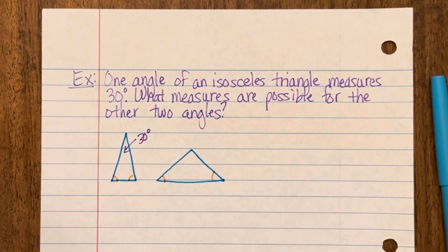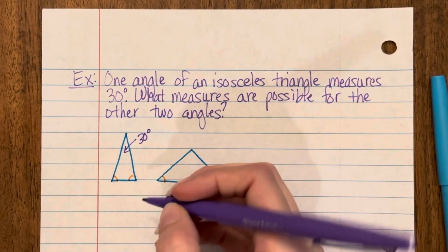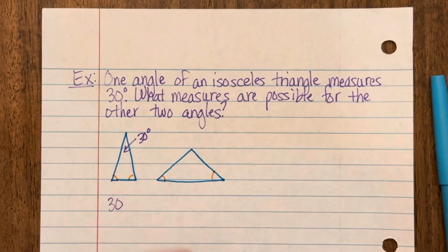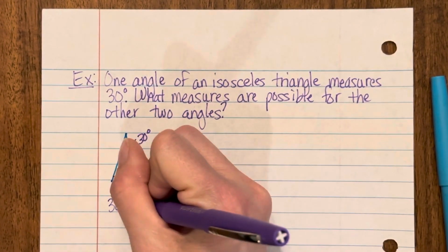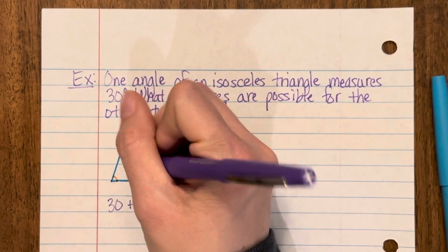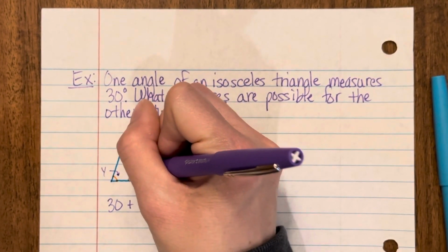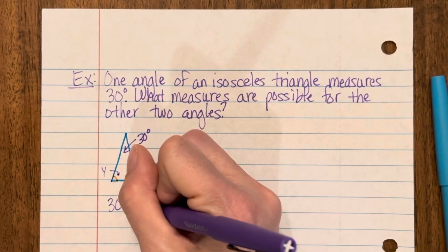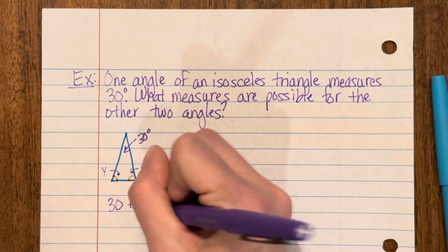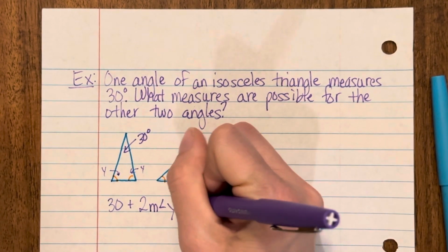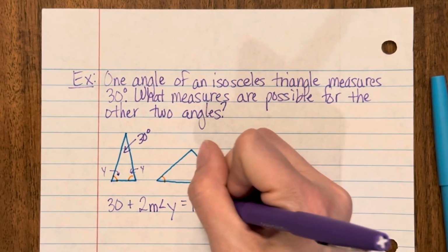And if that's the case, okay, then we have 30 plus, we'll call both these, since these are the same, they can have the same variable. We'll call this y and y. Plus you have two measures of angle y is equal to 180.